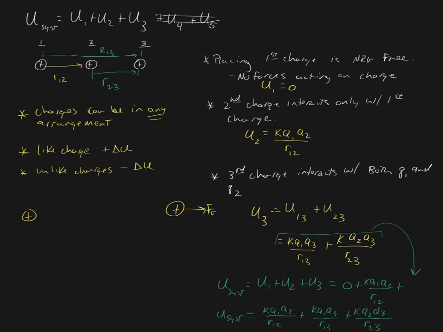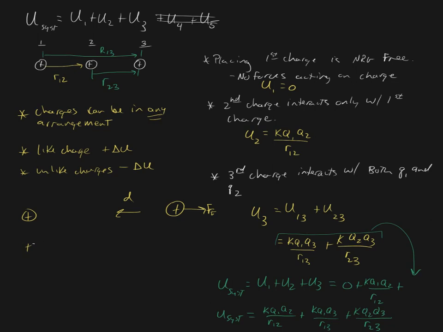It's the electric force that's going to store or take away the potential energy. So the electric force is backwards, the displacement is forwards, and so we end up with potential energy being added to this particle. Now, if this were negative and this were negative, we would still have the same repulsive force.